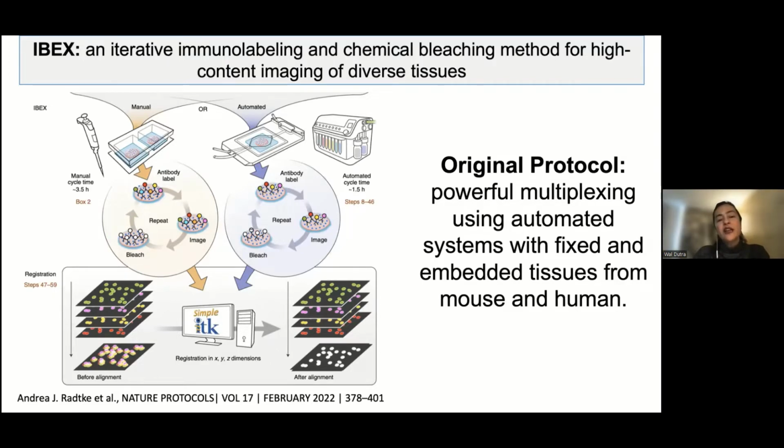Obviously, this is a very nice strategy, but for us it wasn't as interesting because the machine that does it for you automatically costs almost $1 million, and that would be prohibitive for us at the moment here in our lab. So we were very interested in doing the manual and studying and establishing the manual strategy for the IBEX.